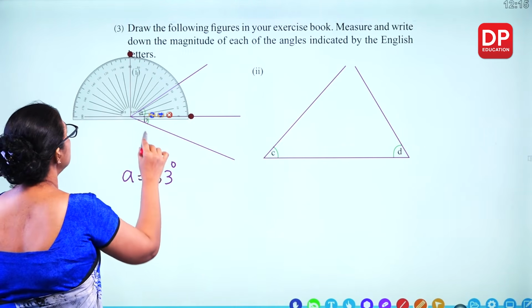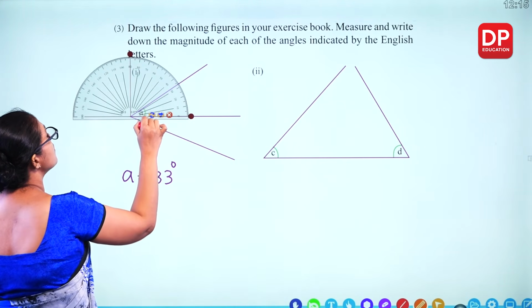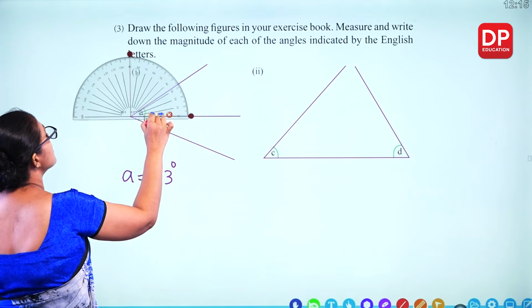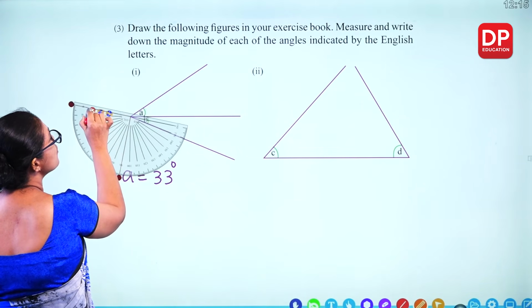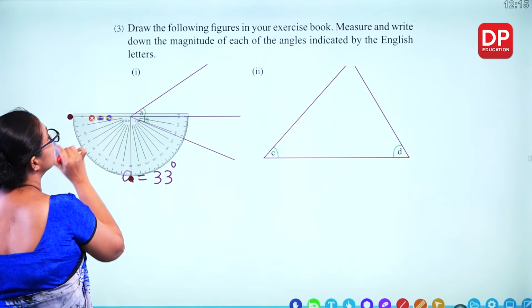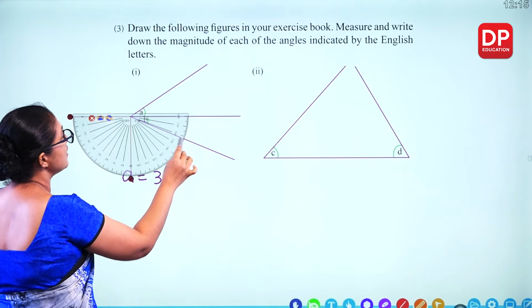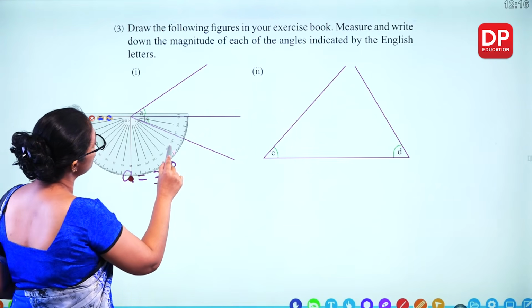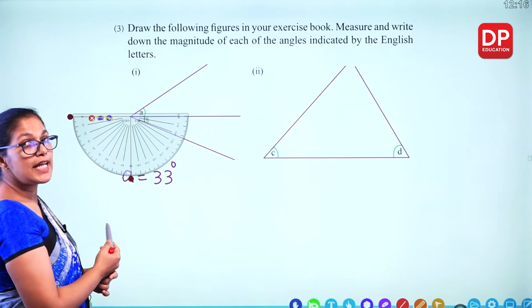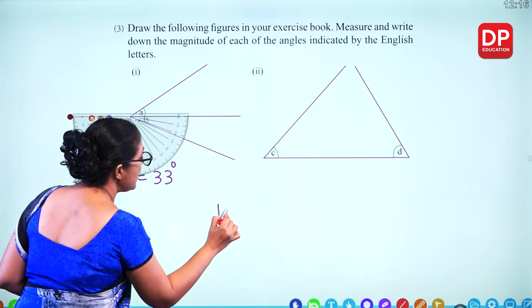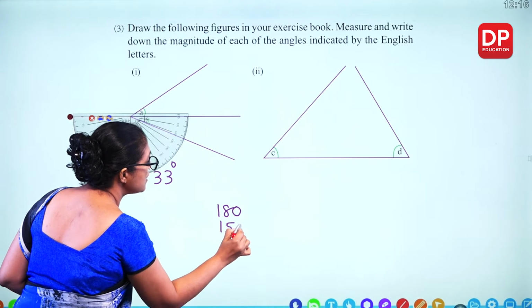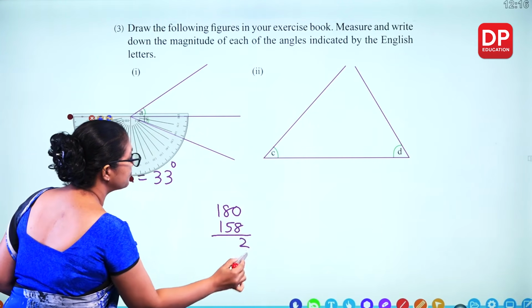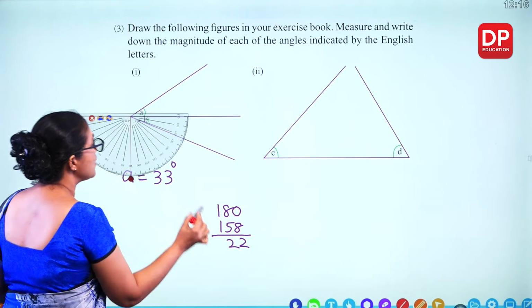B angle. Now here I need to rotate to the other side to get the B angle. Here to here, acute angle. I can measure here to here, 158. So 180 minus 158 is 22 degrees.